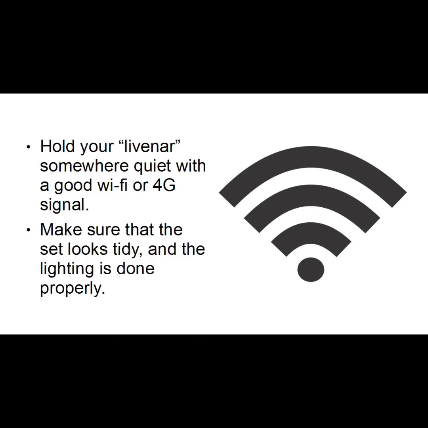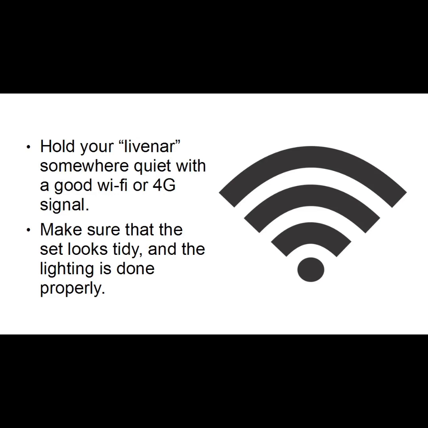And you want to make sure that the set looks tidy and that the lighting is done properly. Bear in mind that people are going to be looking at the set the whole time that you're on camera. So you want to make sure that there's nothing out of place, because you don't want anything to distract from you or your guest and the message that you're putting across.